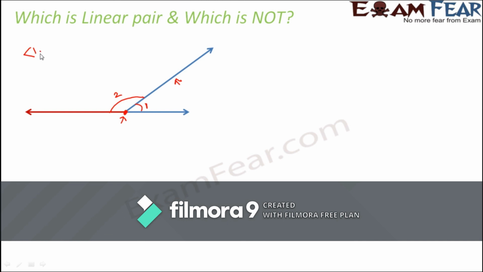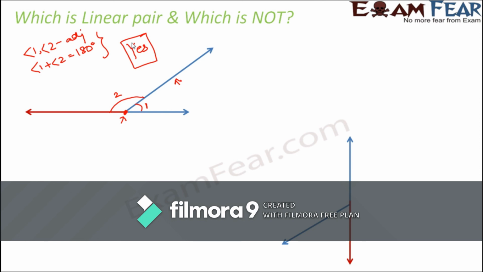What about supplementary? Angle 1 plus angle 2 together form a straight line, that is 180 degrees. So angle 1 plus angle 2 is equal to 180 degrees. Therefore, yes, they form a linear pair.